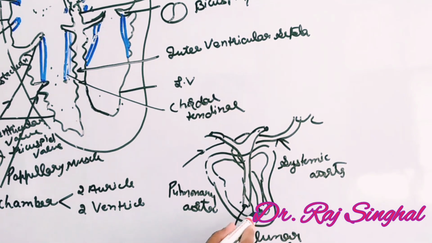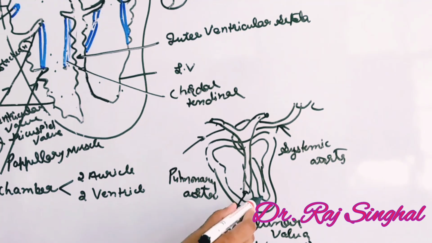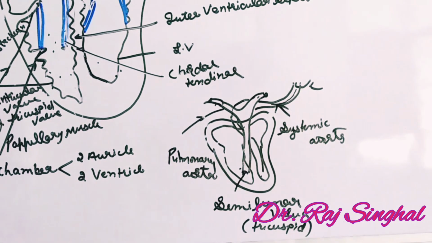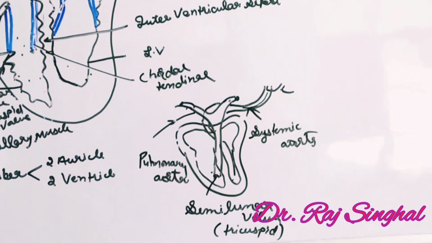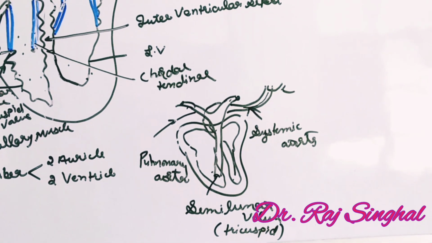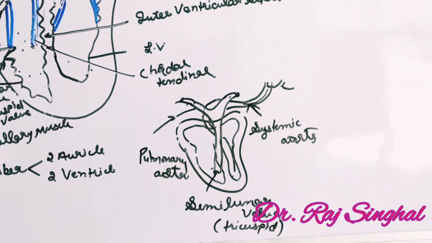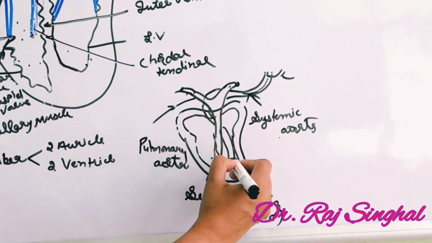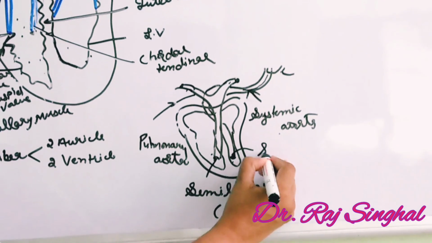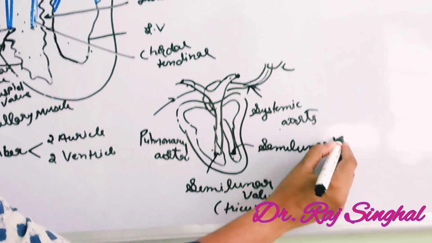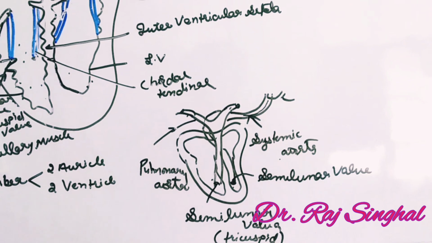Since the left ventricle provides blood to the whole body, this aorta gives rise to different arteries like the subclavian artery, etc., and delivers pure blood to all the body parts. This aorta is also provided with semilunar valve which prevents the backflow of blood.